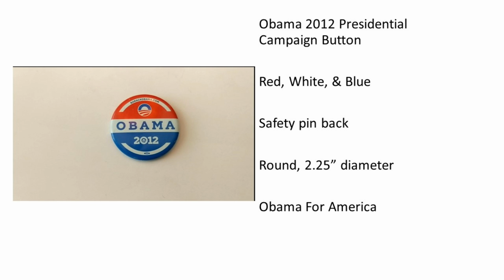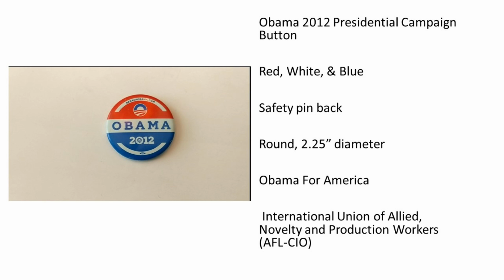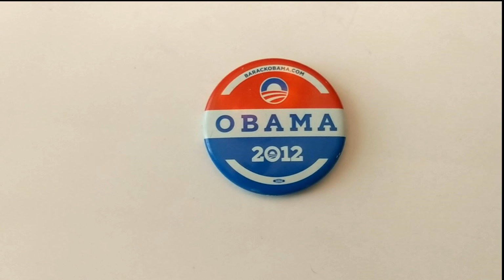It was created by Obama for America, and manufactured by the International Union of Allied Novelty and Production Workers, who are affiliated with the AFL-CIO. Who would have known that we could get all of that information from a simple button?